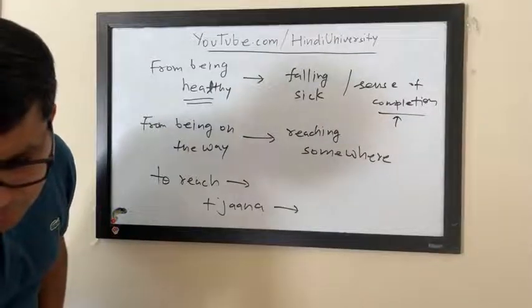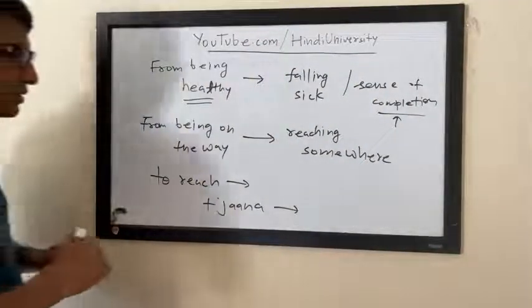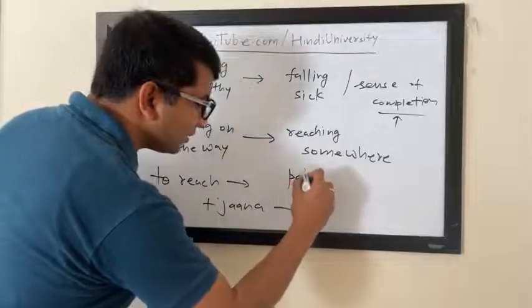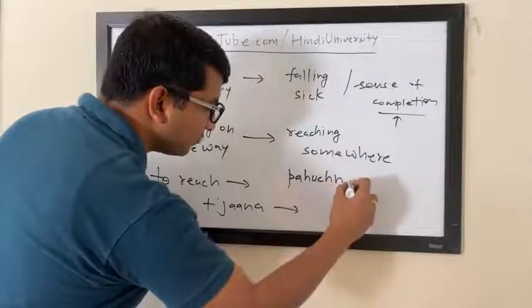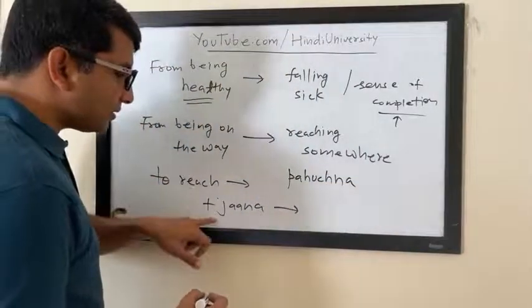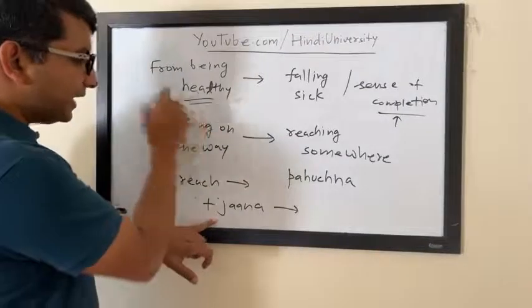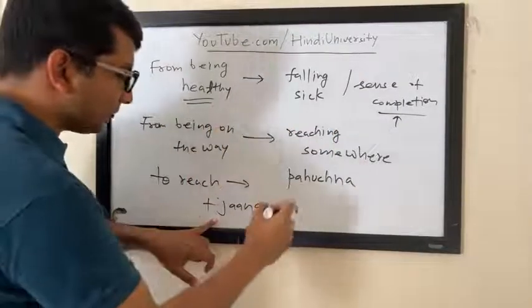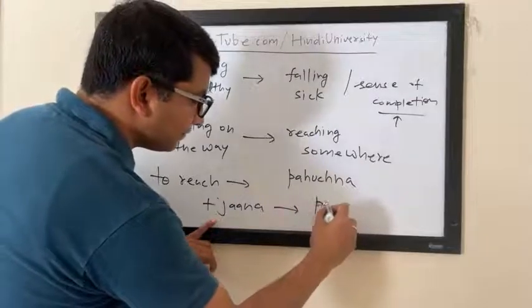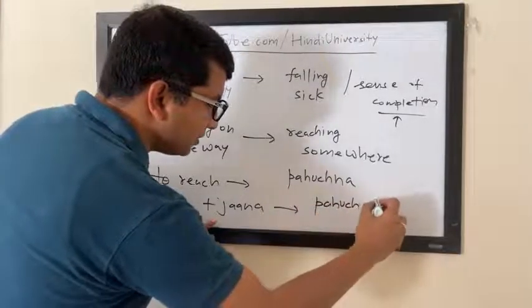Vatsalaji, how are you doing? You want to share your thoughts here? What is "to reach"? Pahunchna. Very good. Okay, what if you use pahunchna with jana, because the state is changed from being on the way to reaching somewhere? It would be pahunch jana. Very good.